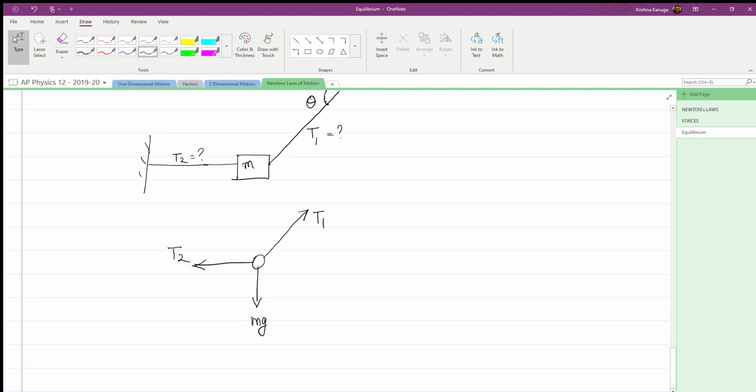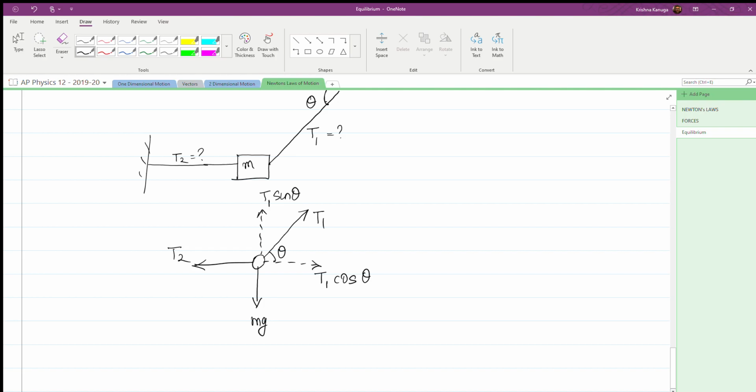Once I have my forces, we can break T1 into components. T2 we do not need to break into components because T2 is already pointing along the x direction. So the components of T1, if the angle is theta, are going to be T1 cosine theta, and T1 sine theta.